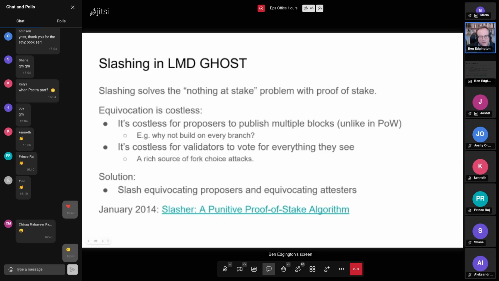Vitalik proposed this in, unbelievably, January 2014 with Slasher. We don't really use any of the Slasher mechanisms now, but the idea that you can punish stakers for bad behavior solves the nothing at stake problem and actually made proof of stake a viable consensus mechanism. Well, it's not a consensus mechanism, but a viable approach to fork choice.